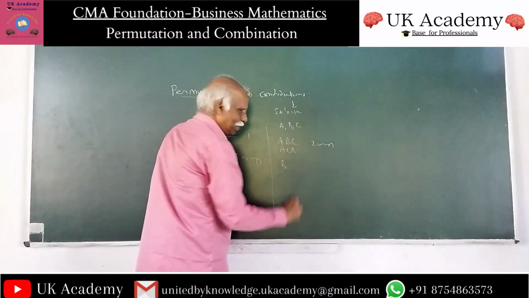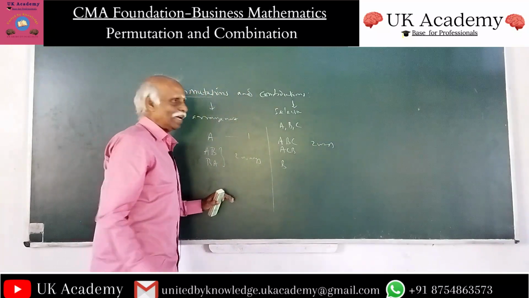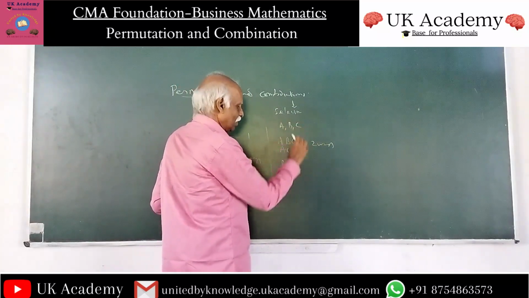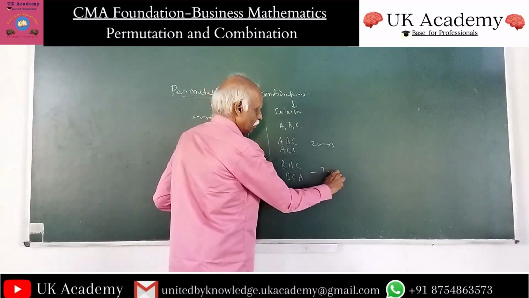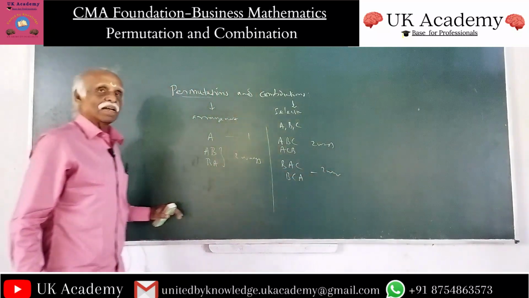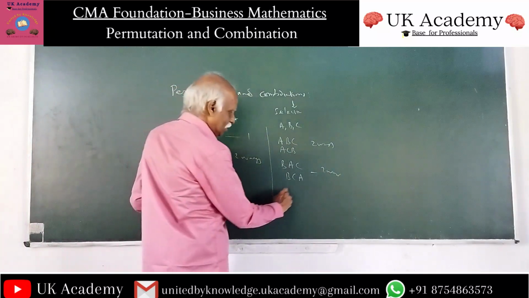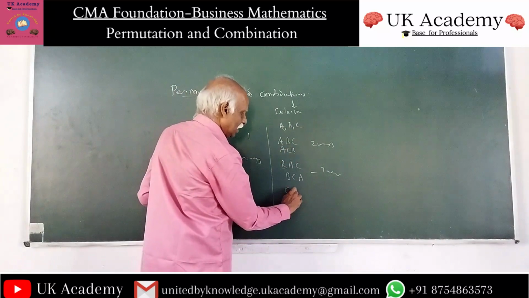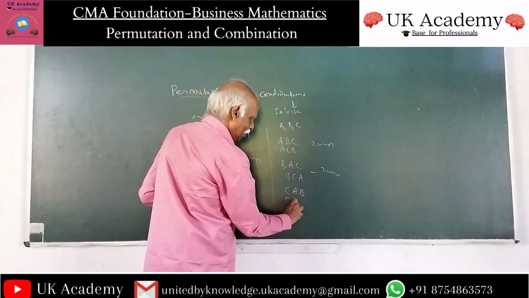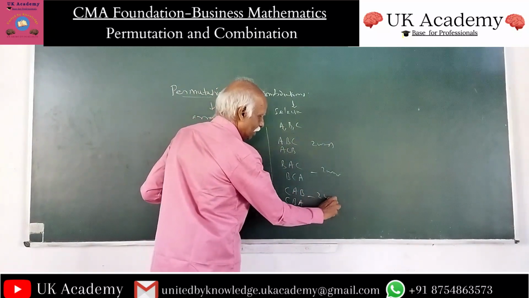Now keeping B in the first place, again I have 2 objects A and C. I can arrange them as BAC or BCA, 2 ways. Now keep C in the first place and arrange A and B: CAB, CBA. Again 2 ways.